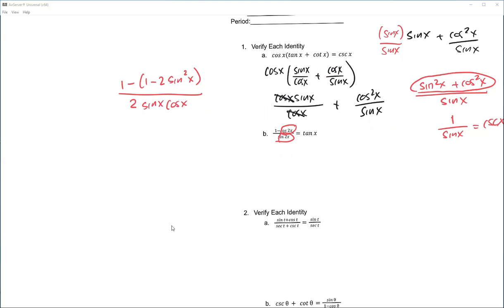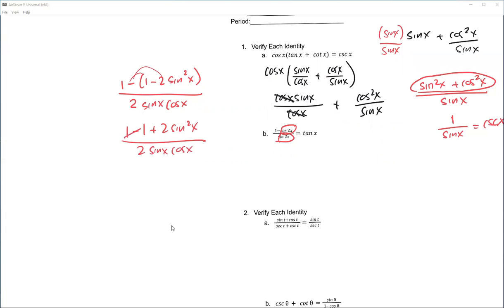So if you distribute this here, it would be 1 minus 1 plus 2 sine squared x all over 2 sine x cosine x. This is 0.